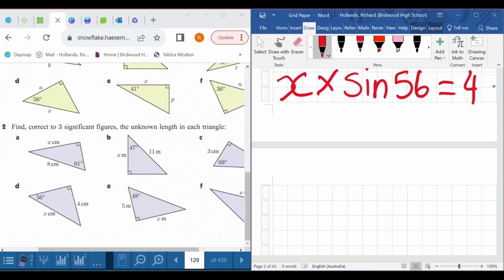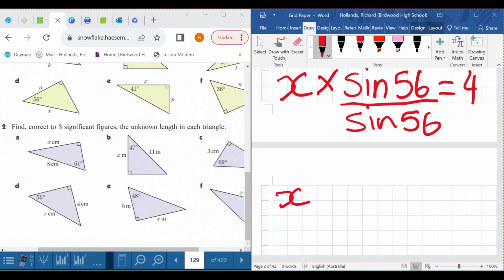Now I'm going to move sine 56. I do the opposite of multiplying x by sine 56, which we know is dividing by sine 56. That gets x on its own, but what I do to one side, I have to do to the other.